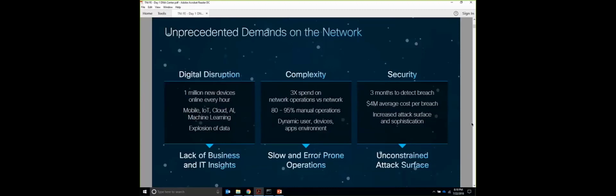When you look at digital disruption, there are more than 1 million new devices online every hour. We cannot think this amount of devices maybe 5 years back or 10 years back. But today, with the advent of mobile app, everyone is having a smartphone. And also, everything is getting connected to the internet using IoT, Internet of Things, and cloud, and new developments like artificial intelligence and machine learning, which is changing the entire IT industry.